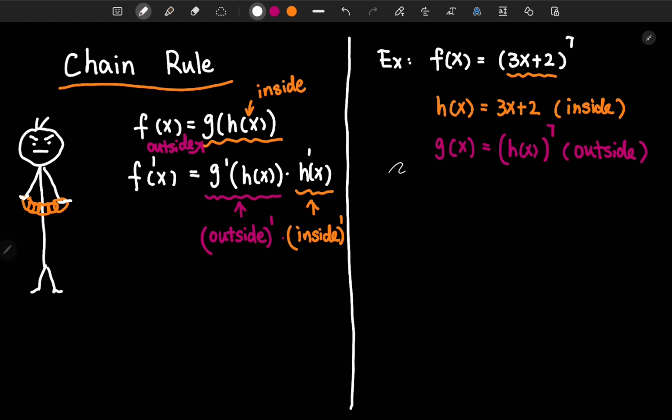So if we want to calculate the derivative of f of x, let's first find the derivative of the outside function, for which we use the power rule. We have 7 times h of x to the 6th power. Then we need to multiply by the derivative of the inside function, which is just 3.